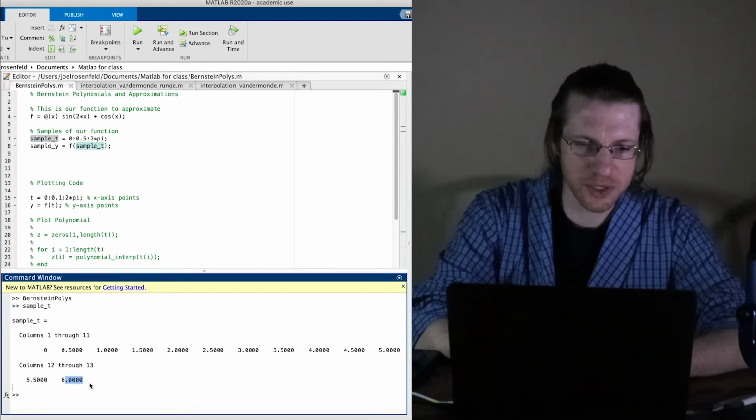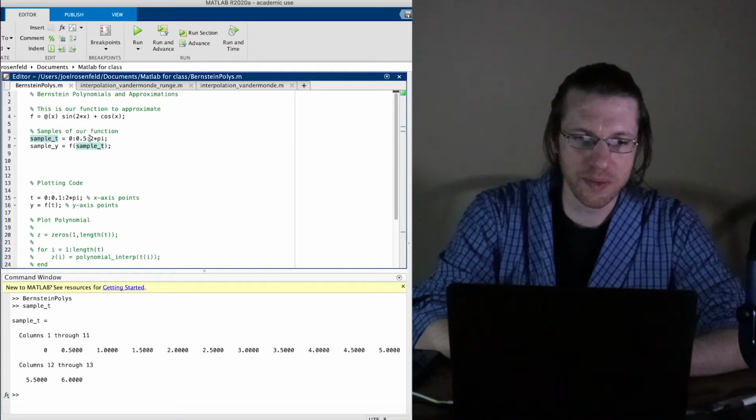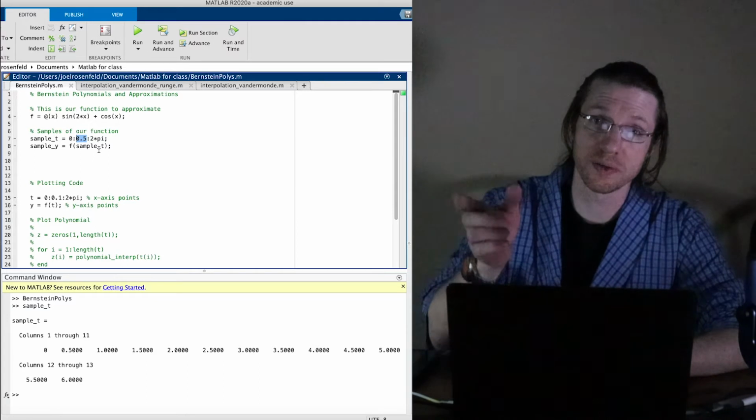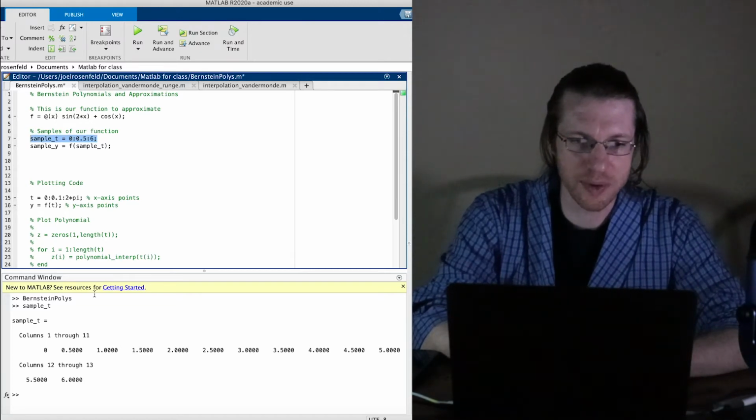It looks like it stops at just 6, and that's going to be important for us later. Even though the approximation that we're plotting is up to 2 pi, it stops at 6 because that's the last 0.5 before it jumps over. We're going to have to be mindful of that when we're actually doing it. So I'm actually going to change this to just be 6, and let's see what ends up happening.